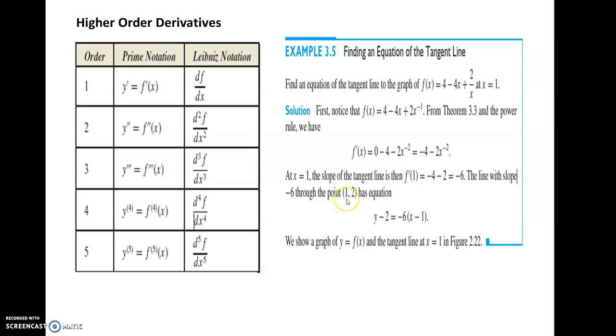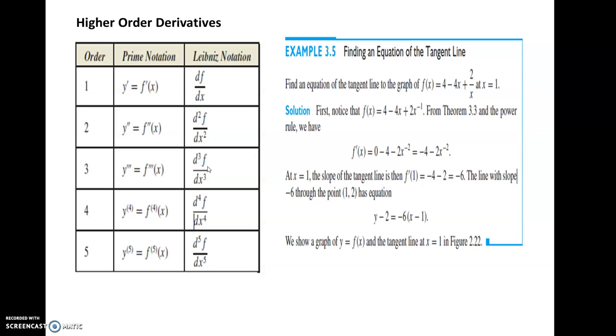This x is given as 1, and putting x equal to 1 in f(x), you get 4 minus 4 is 0, plus 2 by 1, so that is 2. So I substitute into the formula: y minus 2 equals minus 6 times (x minus 1). Bringing the 2 to the right, y equals minus 6(x minus 1) plus 2 is the answer.